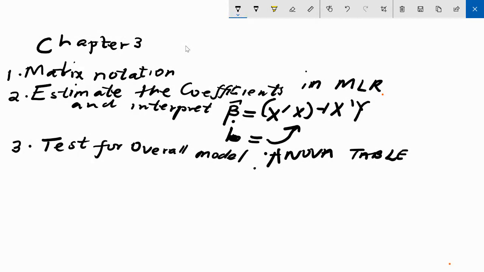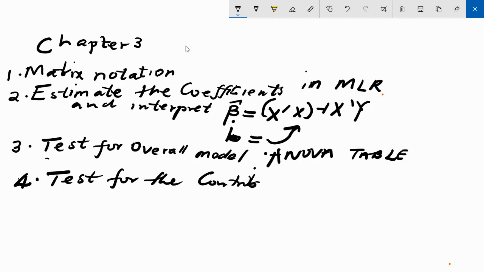For testing the contribution of each independent variable, you know how to test by using this method.